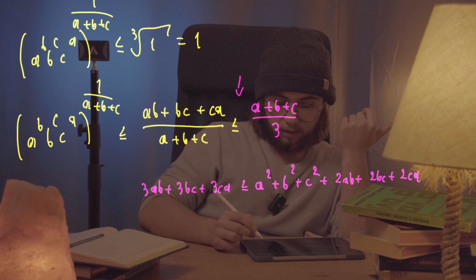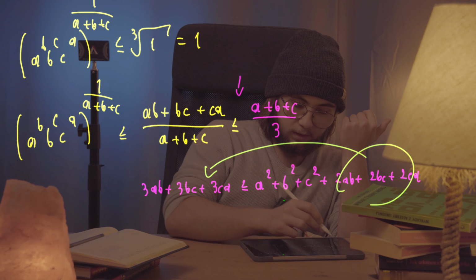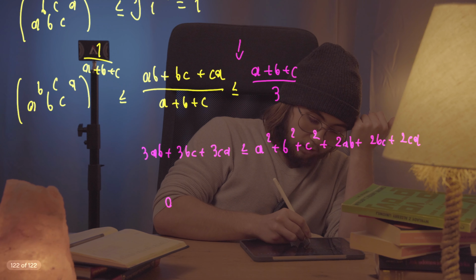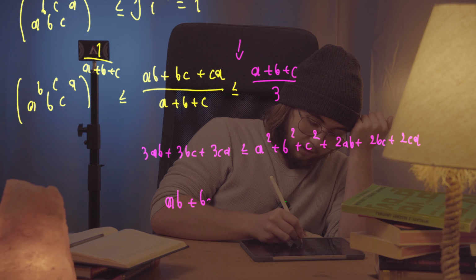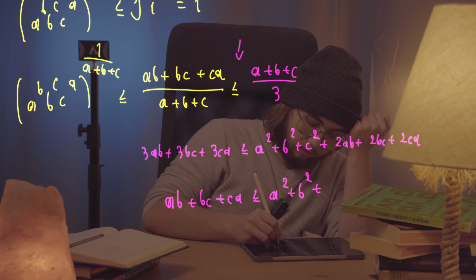So we just go on and subtract those guys from this side without a problem, and so what we're going to end up with is ab plus bc plus ca less than or equal to a squared plus b squared plus c squared.